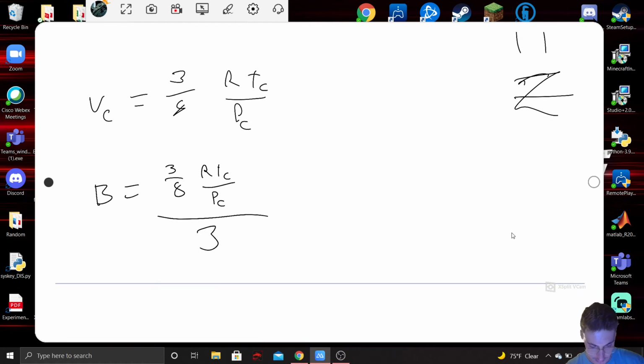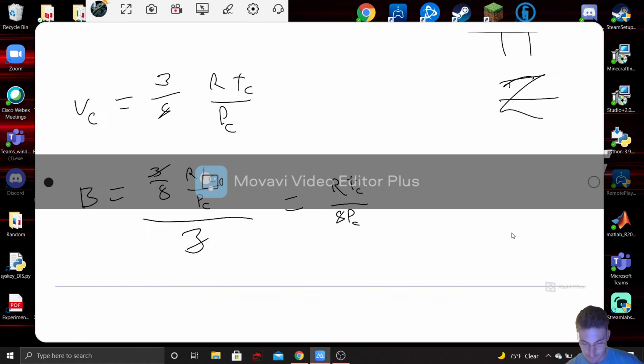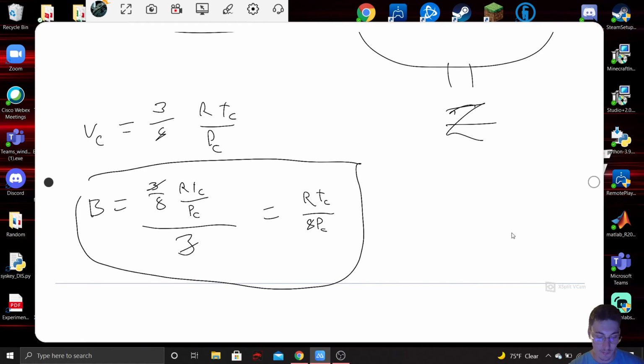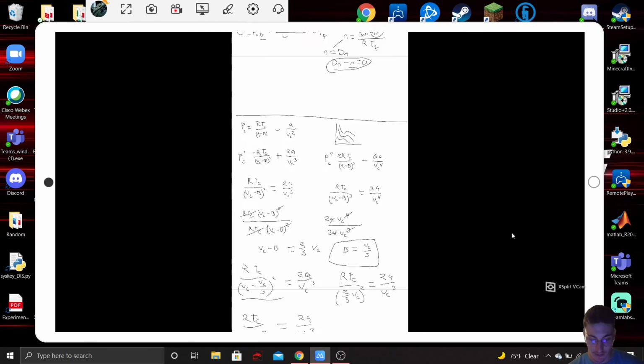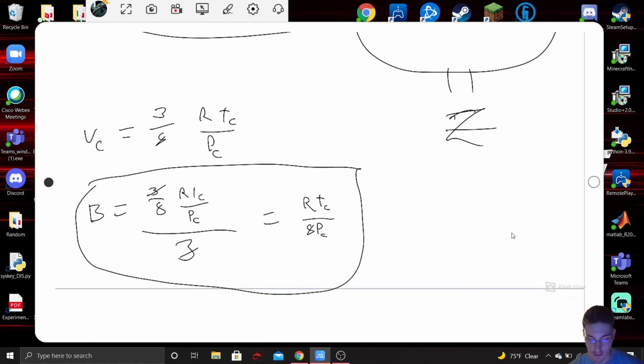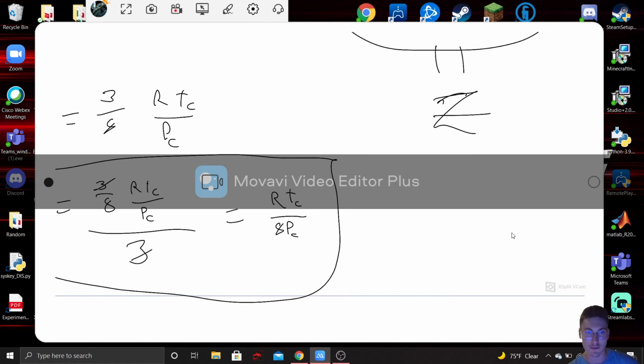And then what we can actually do is, these 3's cancel out, so this is just going to be equal to RTC over 8 PC. So we just found our B parameter up here if we know just the critical temperature and critical pressure of a gas, because we're trying to get to the critical volume.